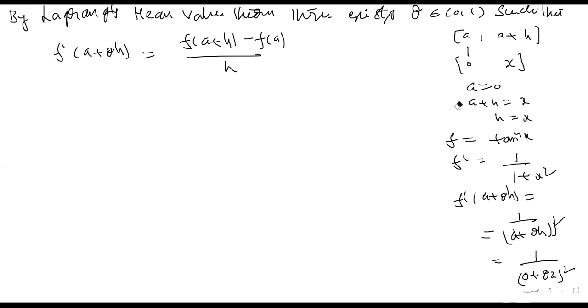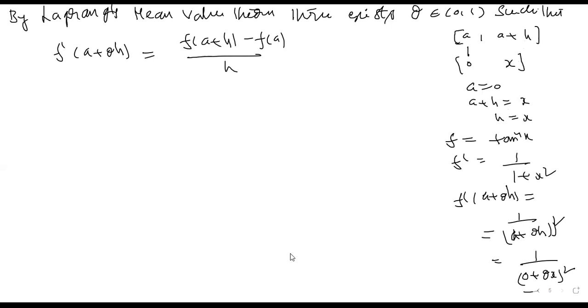Once again I am telling you, all of you understand: in the definition of Lagrange's mean value theorem, the interval is a comma a plus h. But here we are taking the interval 0 comma x. If you compare these two, a equals 0 and a plus h equals x. Therefore, a value is 0, then h equals x.